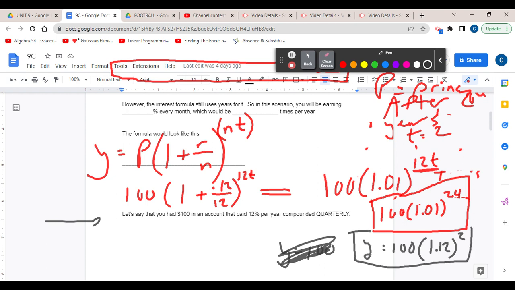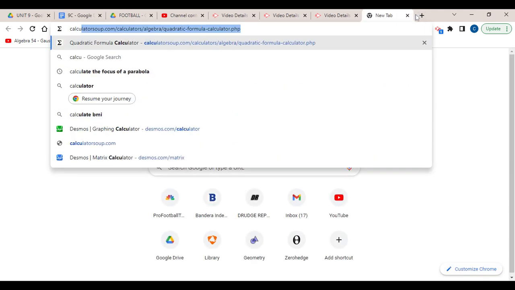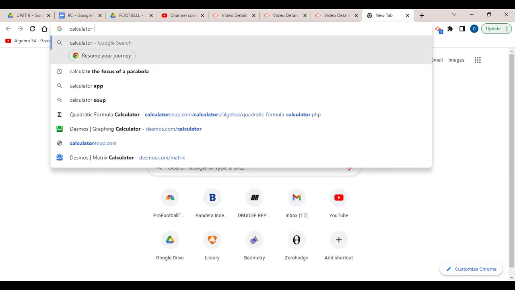So let's think about which one's better. My original one: y equals 100 times 1.12 to the second power. This is just I get 12% per year, and I want to find out how much I get after 2 years. If we go to our calculator, I'm just going to use the Google calculator, it's easy.